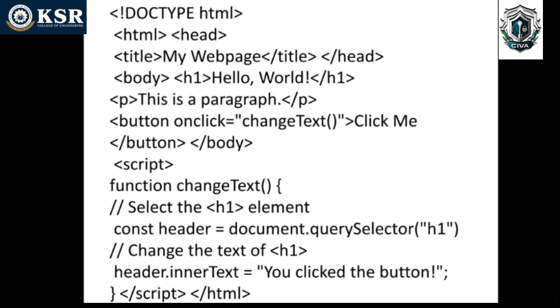The next line is header.innerText equal to you click the button. This line accesses the header variable and sets its innerText property. Here the innerText property represents the visible text content of the element. By setting it to a new string, you click the button, we replace the original text hello world.